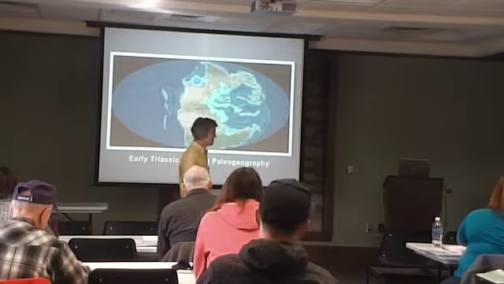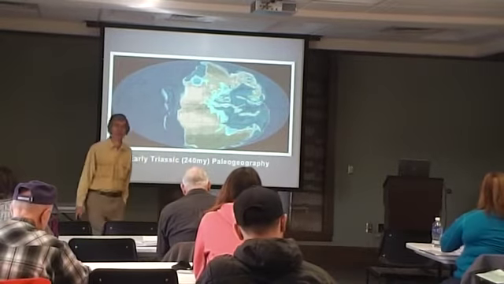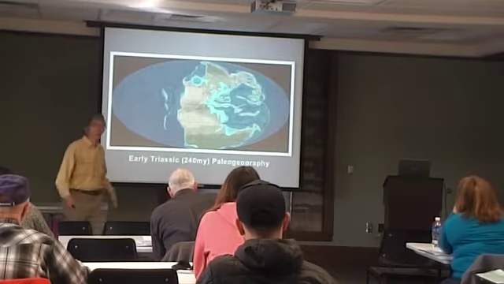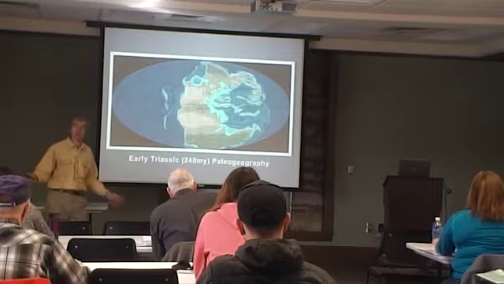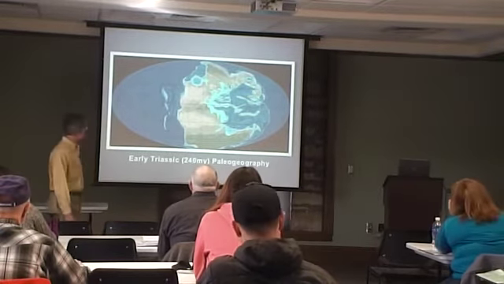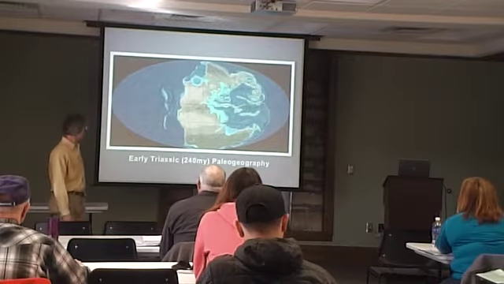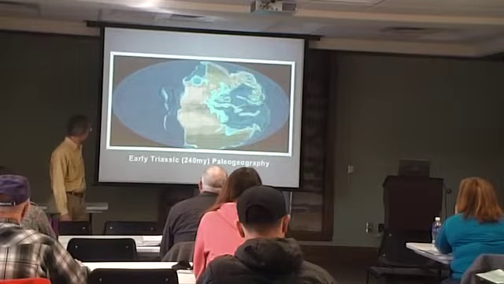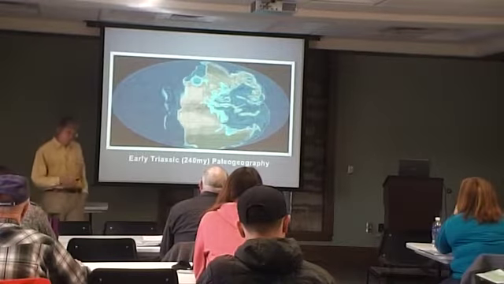In the Triassic there were temperate forests above the Arctic and Antarctic circles. Very, very different world. Call it greenhouse world. So very warm, and particularly in the subtropics, very, very dry.